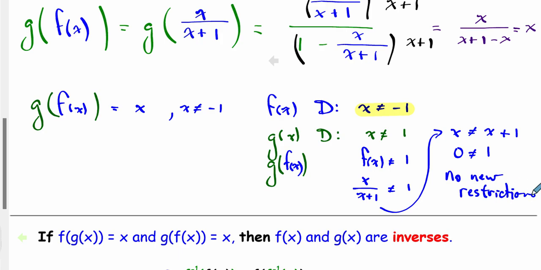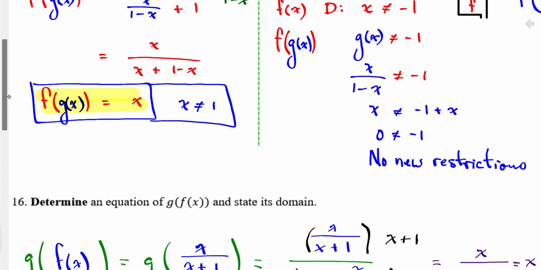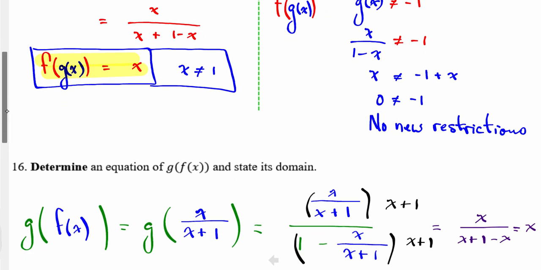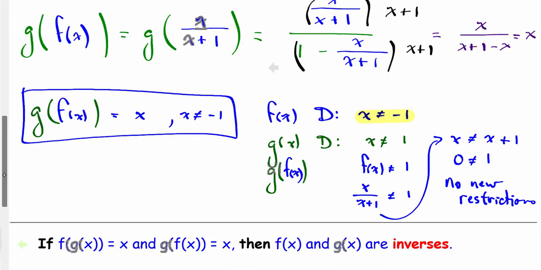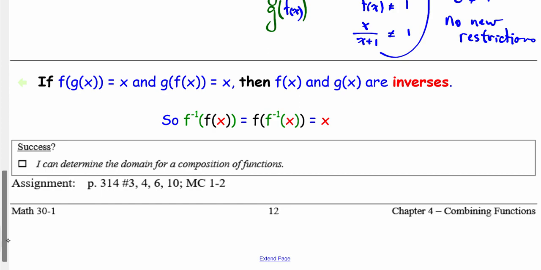And so here is our composition of functions with the restriction that has to be carried through. Notice for both of these, the input of x became the output of the composition, which is what happens when we have functions that are inverses.